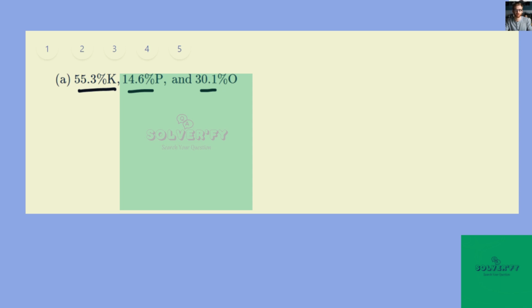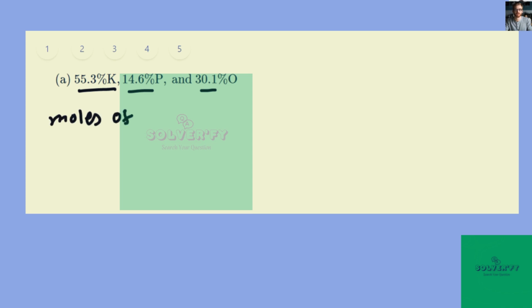As we have said, according to the first rule, we will consider the total mass as 100 gram. That means these percentage values will turn into gram mass values. So we have 55.3 gram K, 14.6 gram P, and 30.1 gram O. From these values, we can find out the number of moles of each element present.